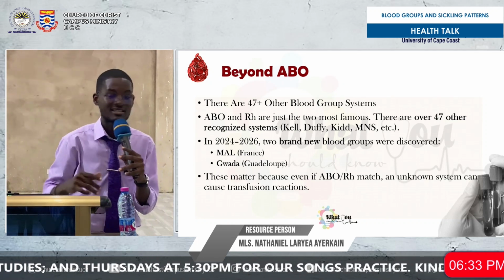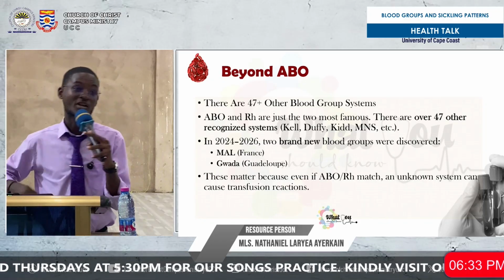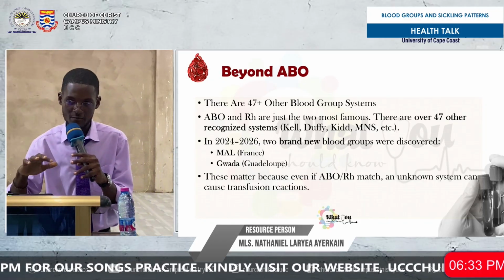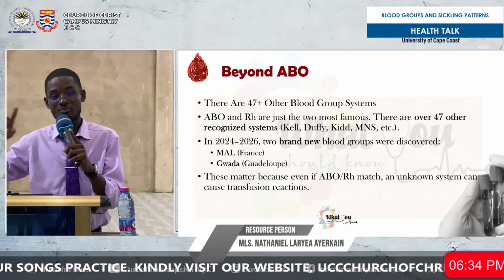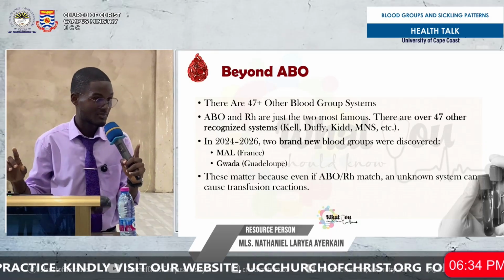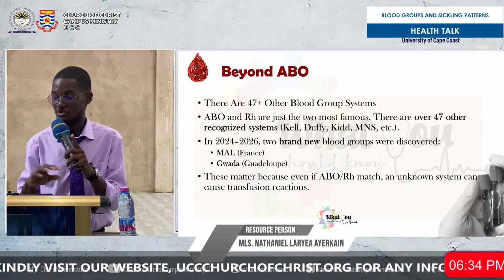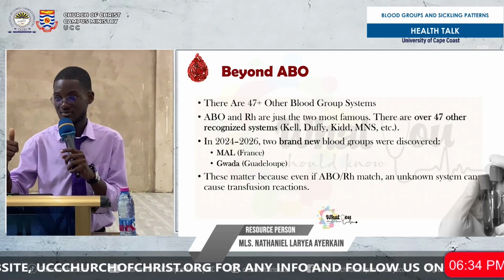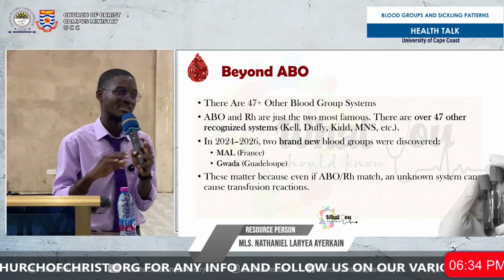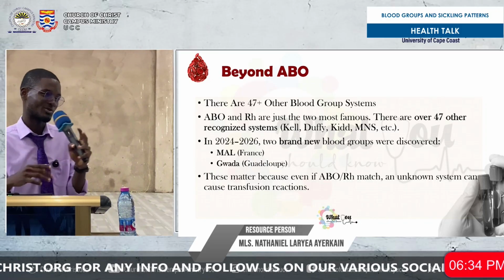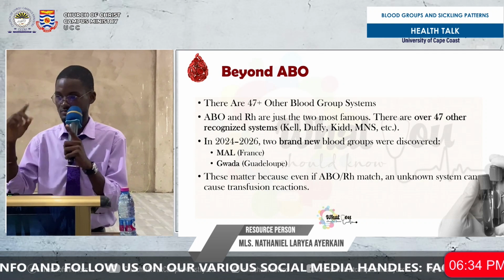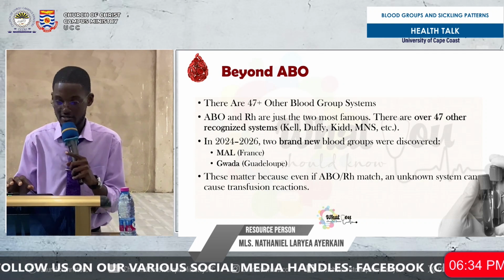We've already said that if you are blood group O negative, you can give blood to everyone, but you can be O negative and have another blood type we are all not aware of, and you will be disqualified as a universal donor. Are we fine? It is not really about ABO and rhesus alone; it actually goes to a further extent.